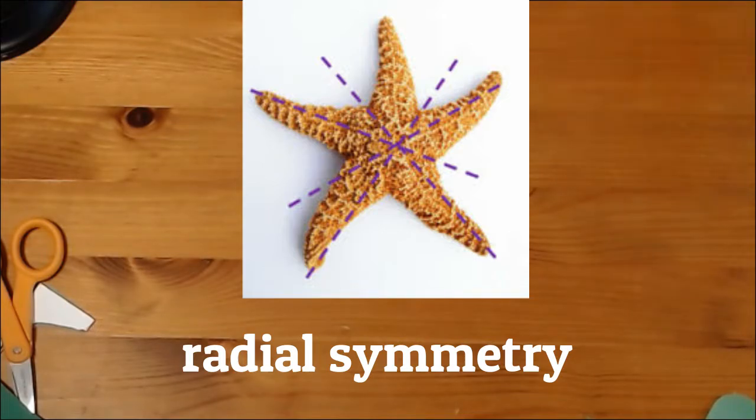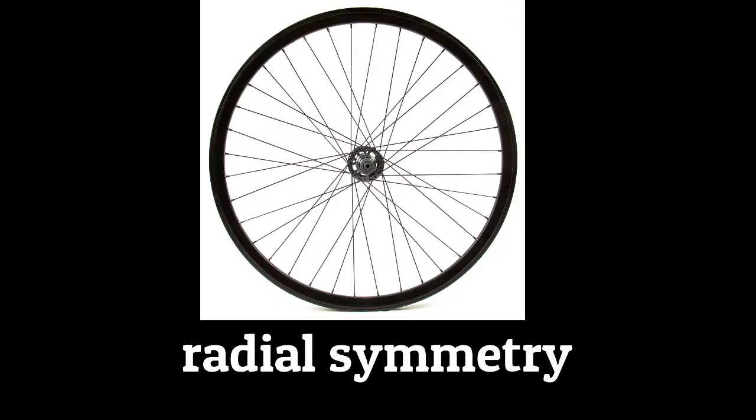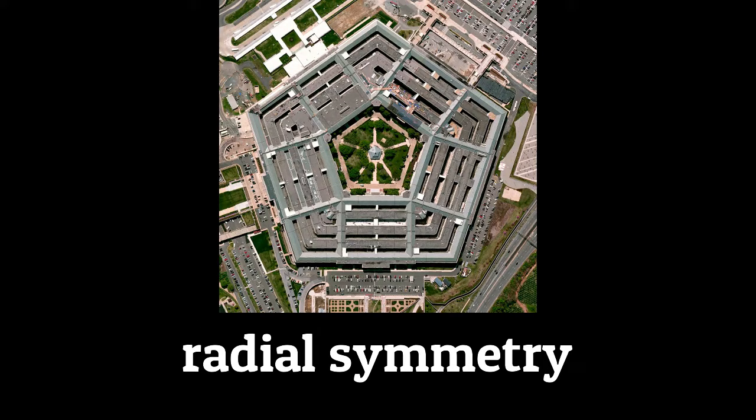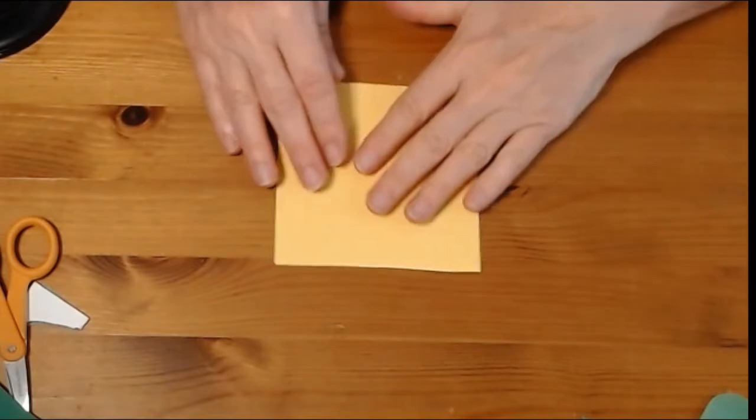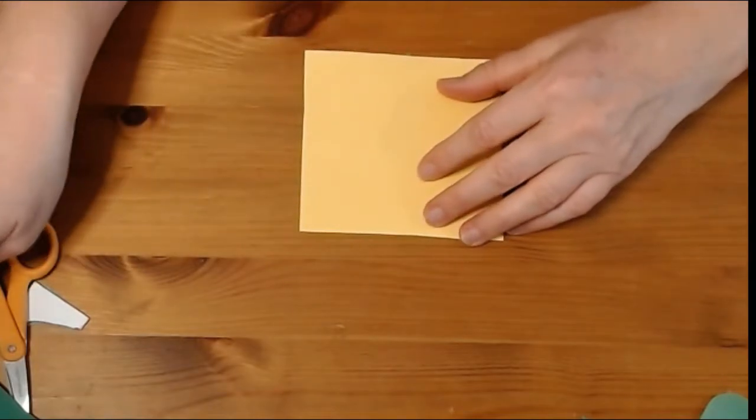That means it's not perfectly symmetrical, but when you look at a man-made object that's radially symmetrical, like this bicycle wheel, or this aerial photo of the building, the Pentagon, so that's architecture, you're going to find pretty close to perfect radial symmetry. So we are going to cut out a radially symmetrical shape.